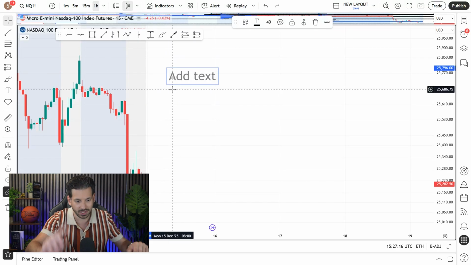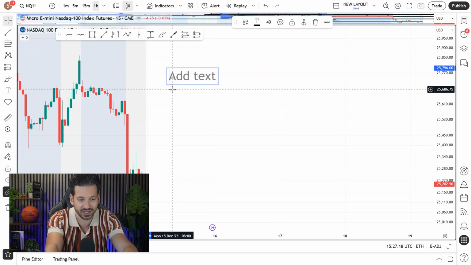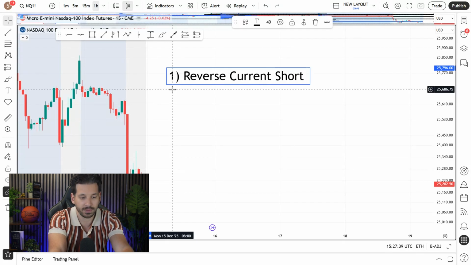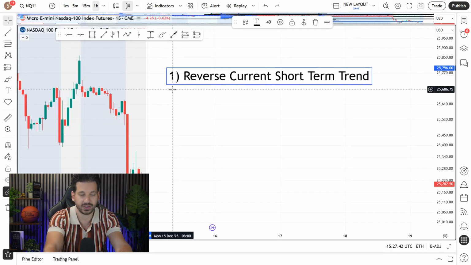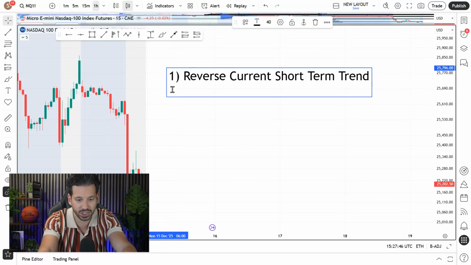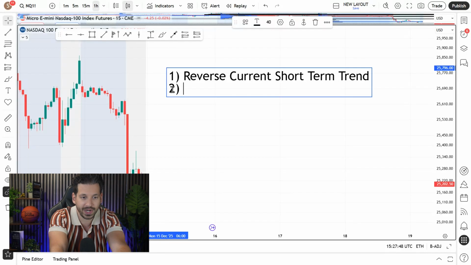So the first rule, okay, we're going to build a trading strategy based on this. Rule number one will be reverse current short-term trend. Okay, this is going to be like an intraday strategy. Number two, whatever the length of the current leg is going to be our TP.